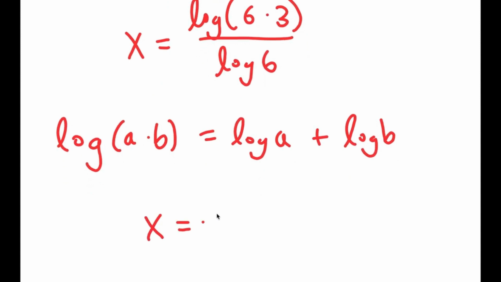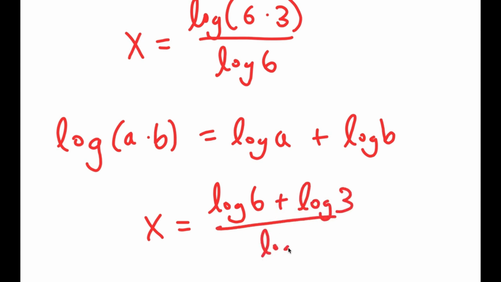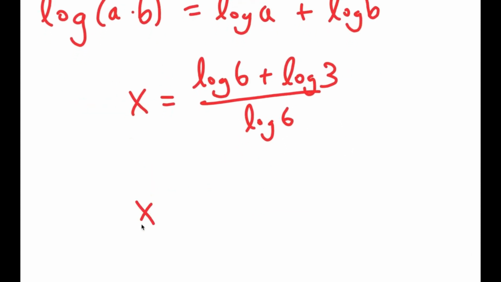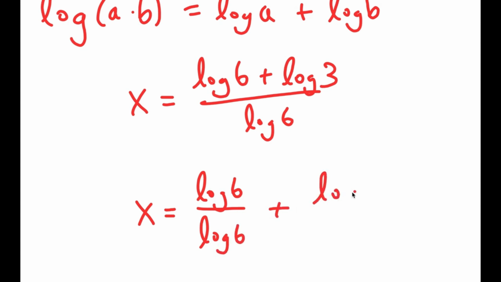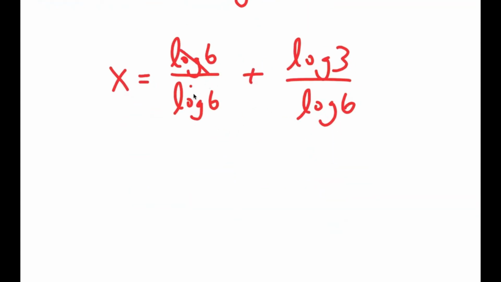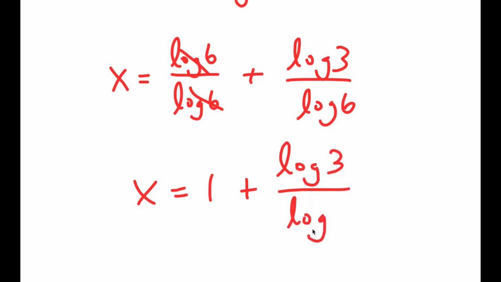So log of 6 times 3 is equal to log 6 plus log 3, and I have this over log 6. So now this turns into log 6 over log 6 plus log 3 over log 6. And these two cancel out, so I get x is equal to 1 plus log 3 over log 6.